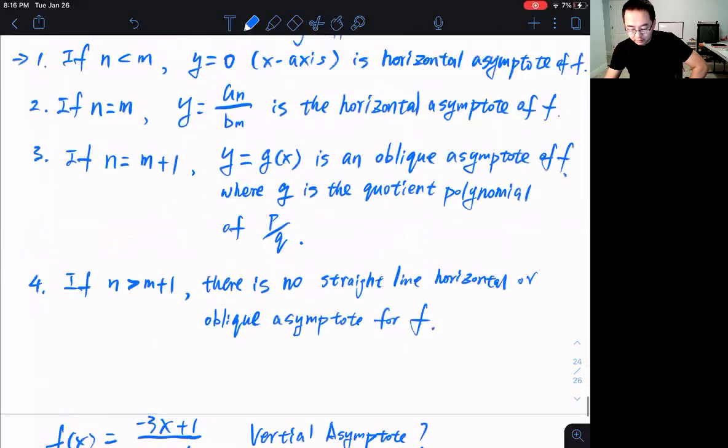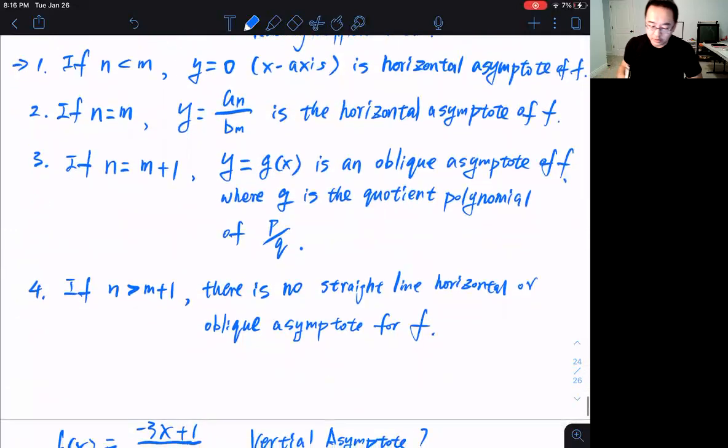I don't think I have anything that's too much more complicated. Again, the goal here is not that we're going to use these polynomial or rational functions directly in economics, and I don't expect you to draw a very complicated function in graphical form by hand. But rather, it is important to be able to recognize how to identify if there is an asymptote for a rational function, and if so, what it is.